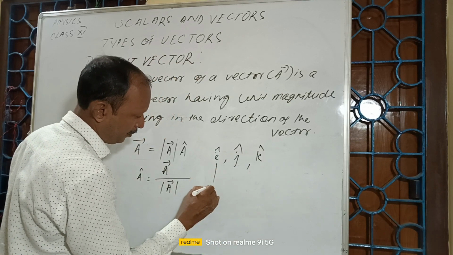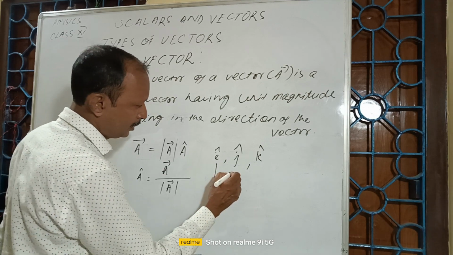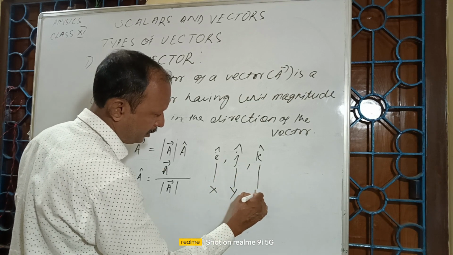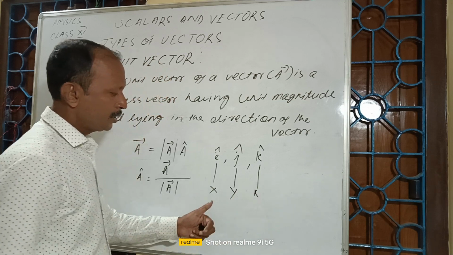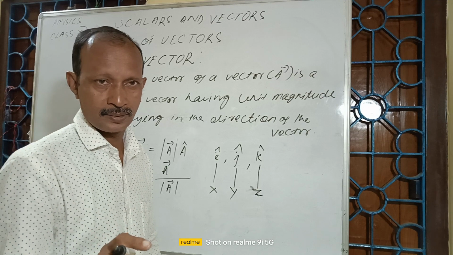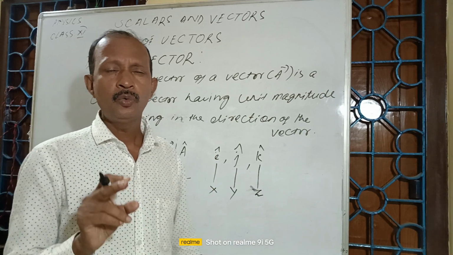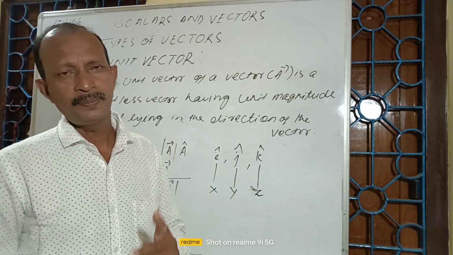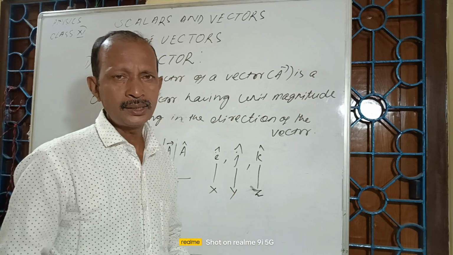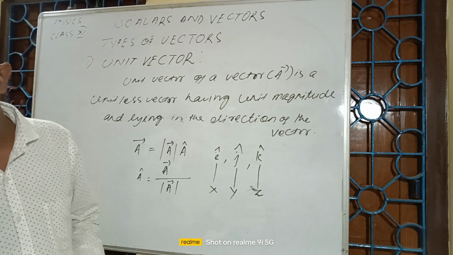Here i cap represents the direction in x axis, j cap represents direction in y axis, and k cap represents the direction in z axis if it is space. Generally, i cap, j cap and k cap we use to express the vector along x axis, y axis and z axis. So this is about the unit vector.